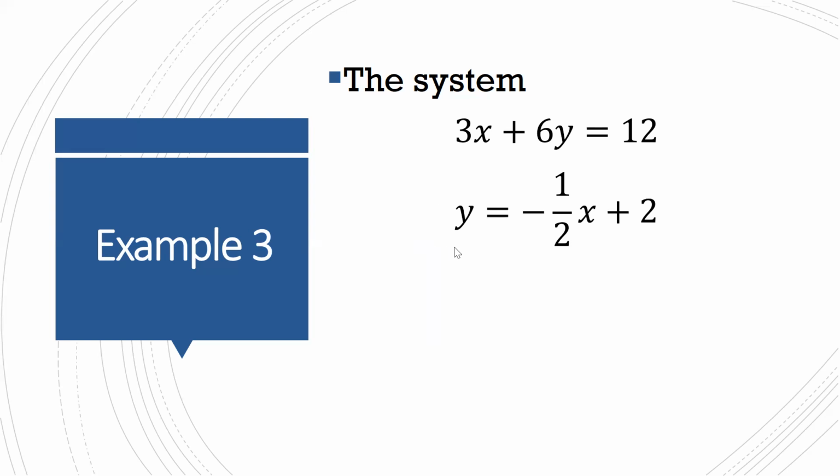So this is nice in that my second equation already is solved for y. We get y is equal to an expression in x. So I can simply take that expression of negative 1/2 x plus 2 and plug it in for y into my first equation.